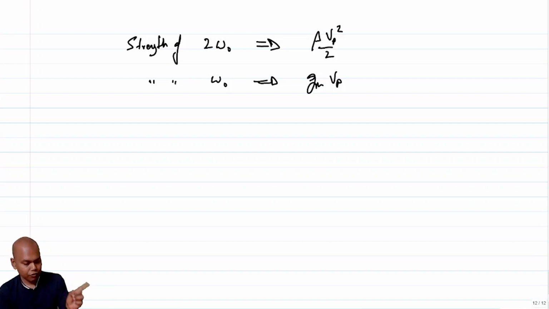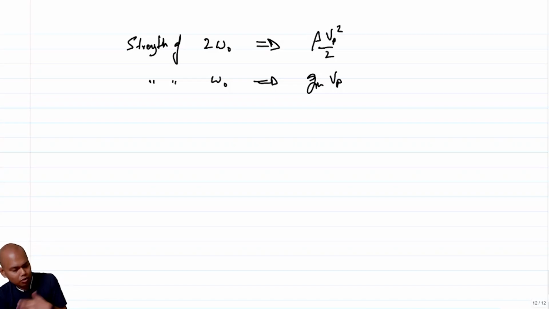Now, you would have already noticed that the strength of 2 omega naught increases quadratically with the input amplitude, whereas the strength of omega naught increases linearly. So for every 1 dB increase in input, your 2 omega naught component goes up by 2 dB, whereas your omega naught component goes up by 1 dB.